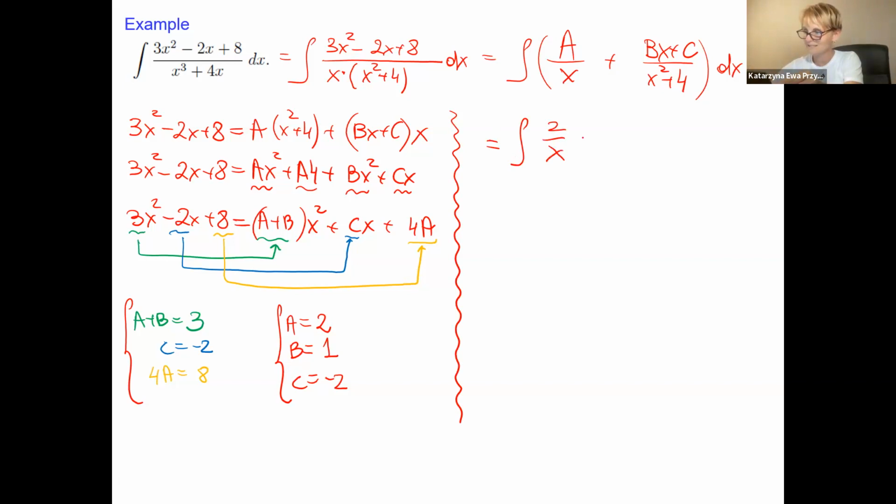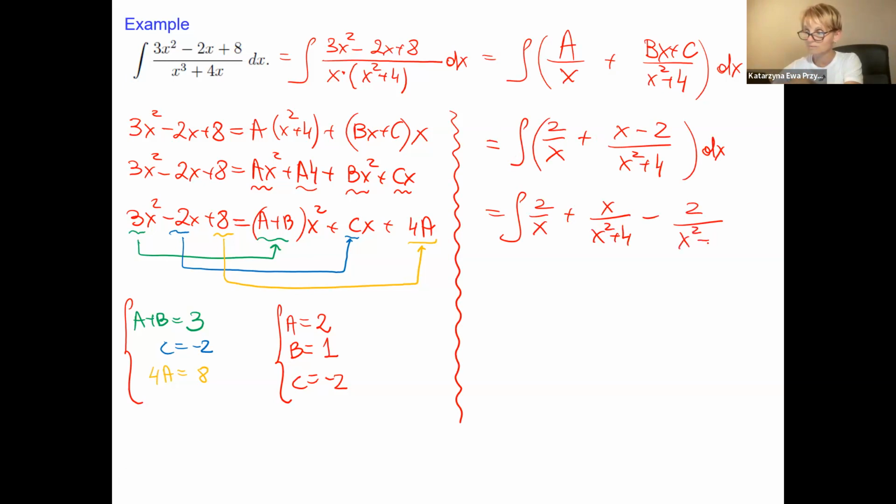Okay, 2 over x plus (x minus 2) over (x squared plus 4). I will suggest splitting the second fraction into 2 fractions: x over x squared plus 4 minus a constant 2 over x squared plus 4. That's another suggestion for the irreducible denominator.